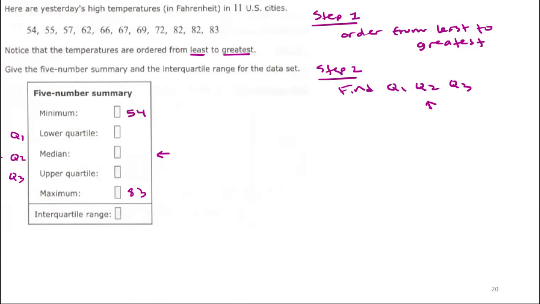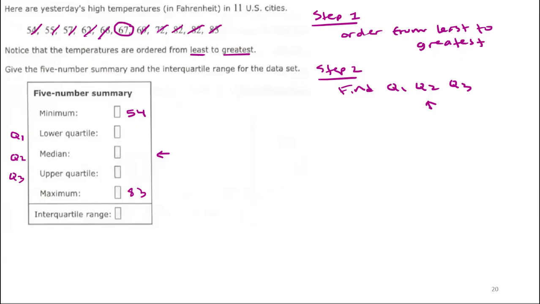Okay, so here again, this is ordered from least to greatest, and we find the middle number. So we start marking these off at each end to find the middle. I got 5 crossed off on the left, 5 crossed out on the right, and I find my middle number, 67.